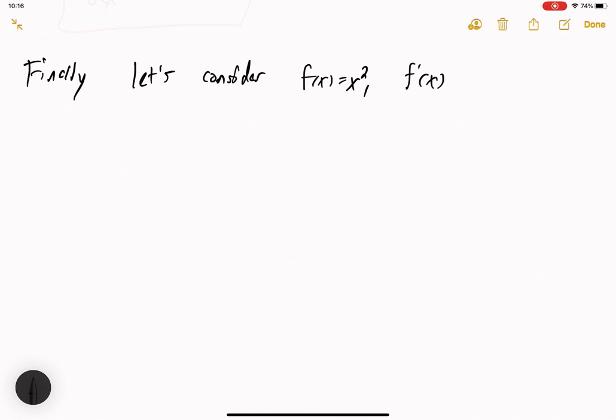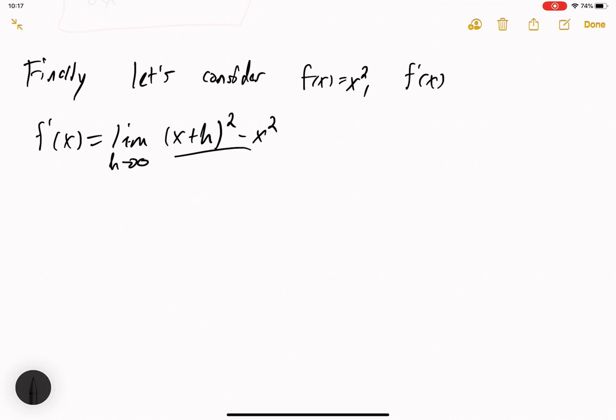So again, f prime of x is equal to the limit as h goes to 0 of, I'm just going to jump ahead after we plug in the function, x plus h squared minus x squared divided by h.